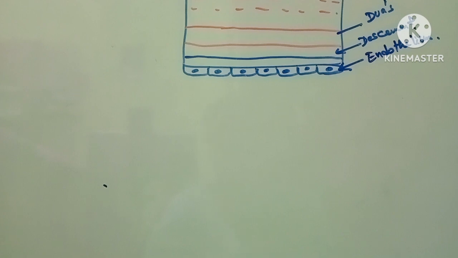So the fourth layer is Dua's layer and the fifth layer is the Descemet membrane.